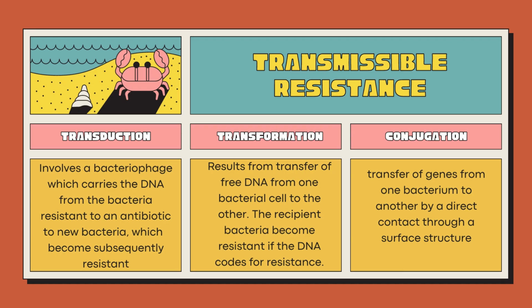Last under genetic change is conjugation, which refers to the transfer of genes from one bacterium to another by direct contact through a surface structure such as a sex pilus or bridge. The DNA coding for antibiotic resistance is transferred from the donor cell into the recipient cell through conjugal transfer. The recipients then turn into donors and the resistant population is built up rapidly.